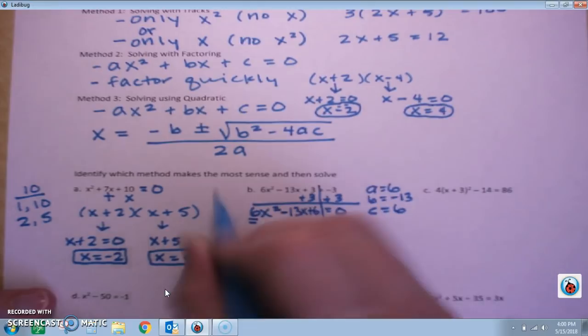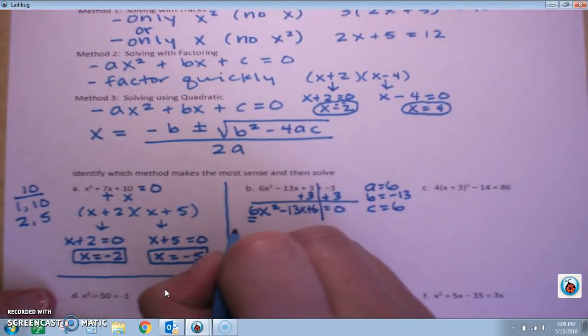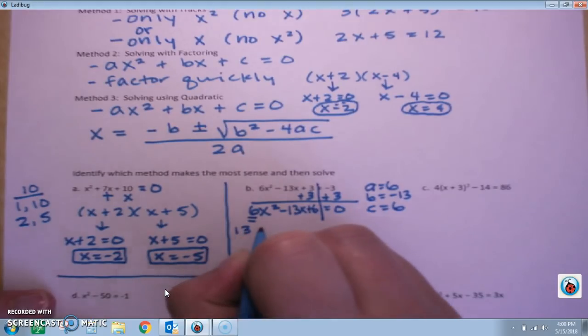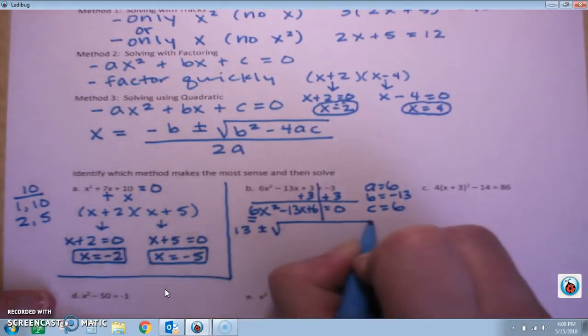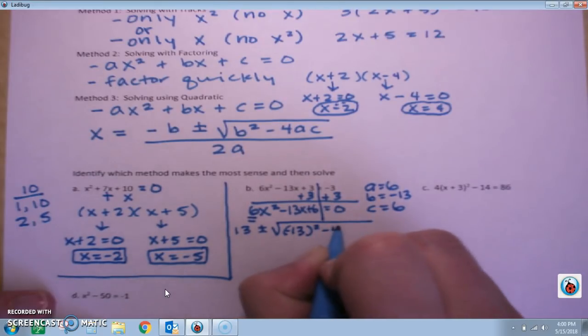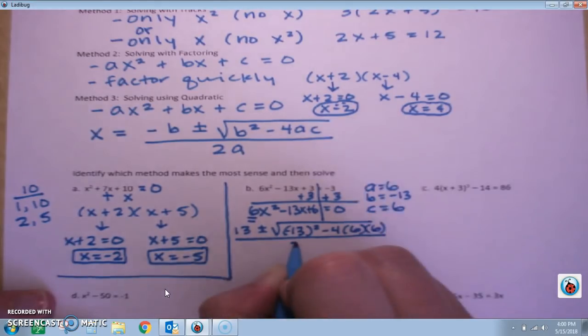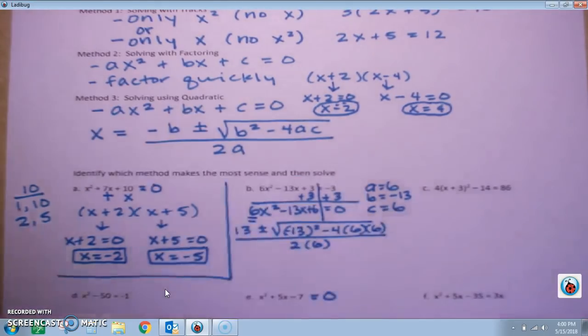So I'm going to say 13 plus or minus the square root of negative 13 squared minus 4 times 6 times 6, all over 2 times 6.